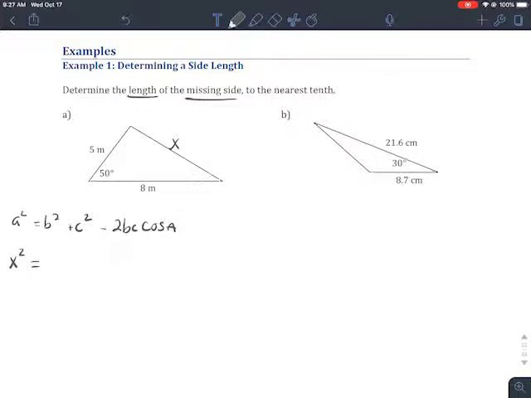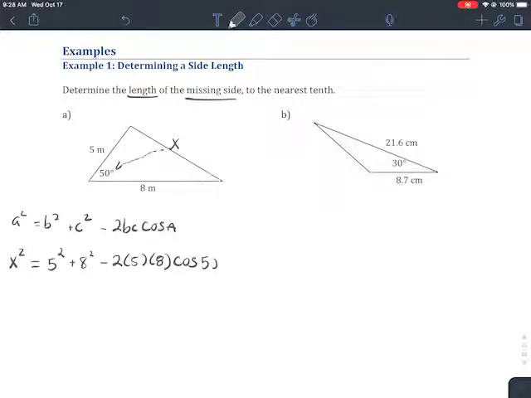So I want to figure out what side x is. So it's going to be x squared. Now b and c are going to be the numerical side lengths that I have in the question. It doesn't matter what order you put them in. I'm just going to choose to put 5 first, so 5 squared plus 8 squared minus 2 times 5 times 8, and then cosine, the angle has to be the one that's opposite to the side length we're finding.